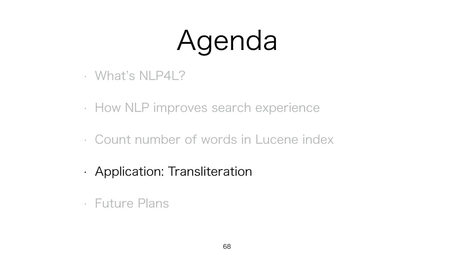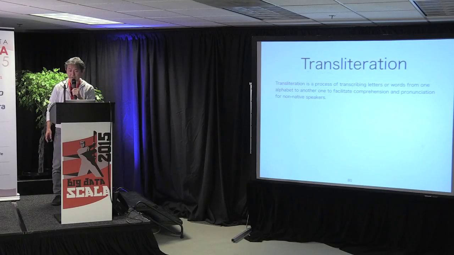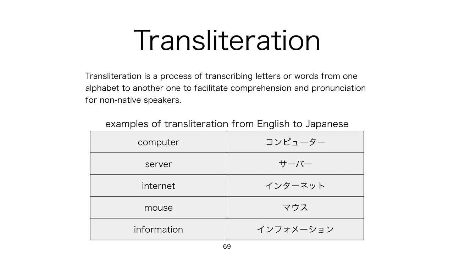Let's see an interesting application that NLP4L provides, transliteration. Transliteration is a process of transcribing letters or words from one alphabet to another to facilitate comprehension and pronunciation for non-native speakers. Here is an example of transliteration between English and Japanese.